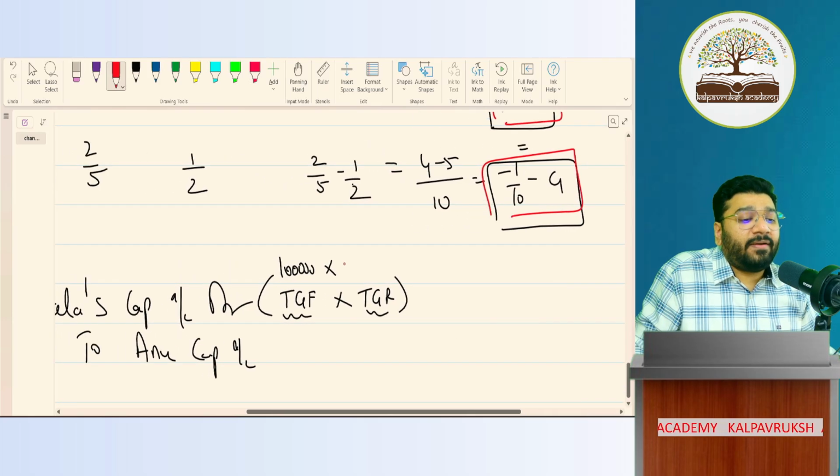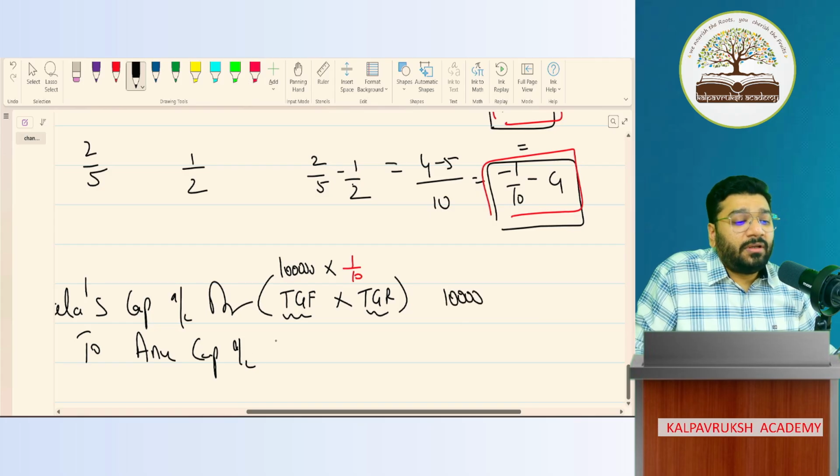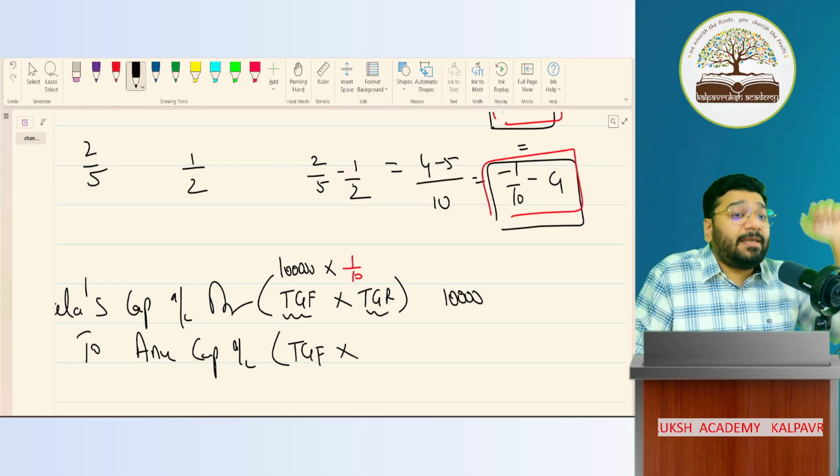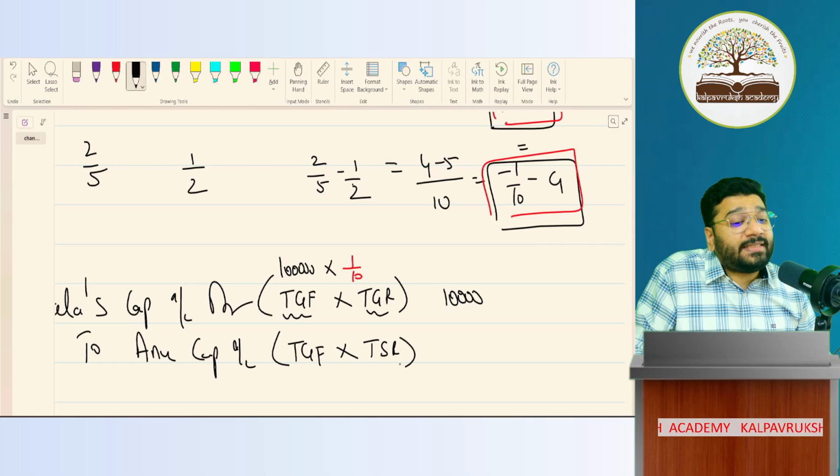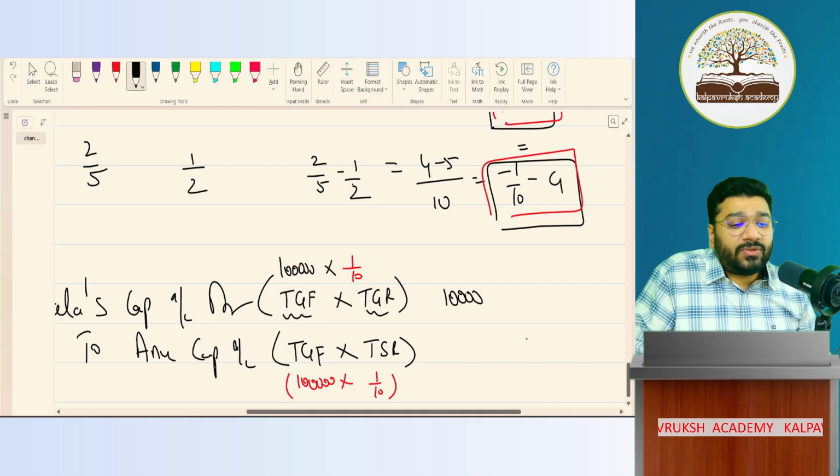So multiplied by 1 by 10. How much are you getting? 10,000 rupees. For Anu, it is total goodwill of the firm multiplied by Anu's sacrificing ratio, 1 lakh into 1 by 10. How much is it? 10,000 rupees.